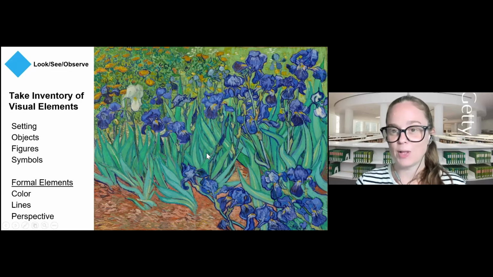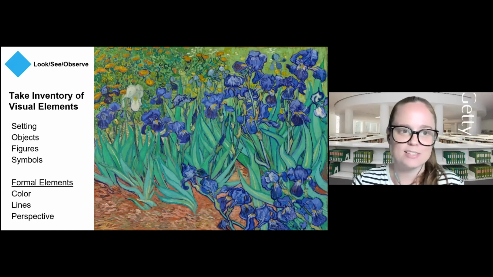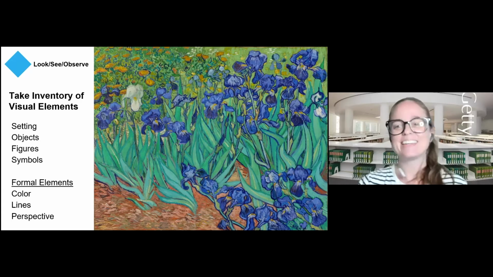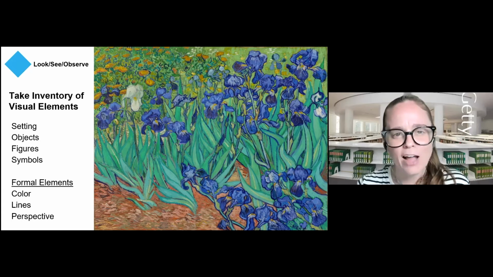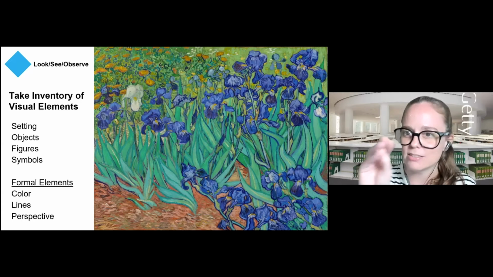So some of the visual elements that I saw when I was taking inventory during our 30-second look: I was thinking about the setting. This looks like it's perhaps a garden. Some of the things I see are, because of the title, irises. I see some other flowers, maybe back behind. It looks like there are some white flowers very far in the back.